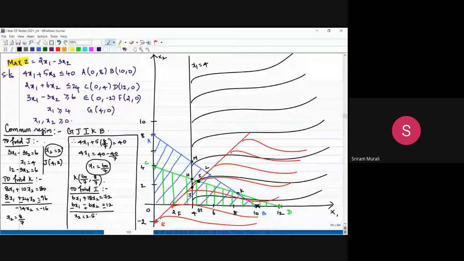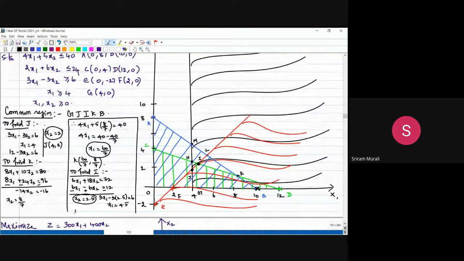If x2 is 2.5, substitute in any one equation. That is 3 into x1 minus 3 into 2.5 is equal to 6. So x1 will be equal to 4.5. So my I coordinate will be 4.5 comma 2.5.